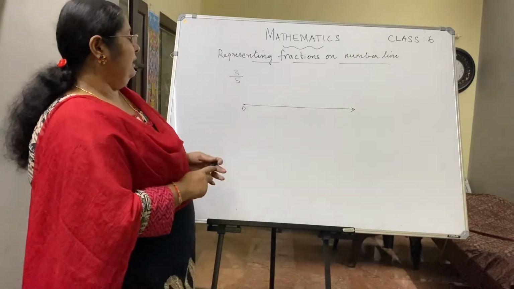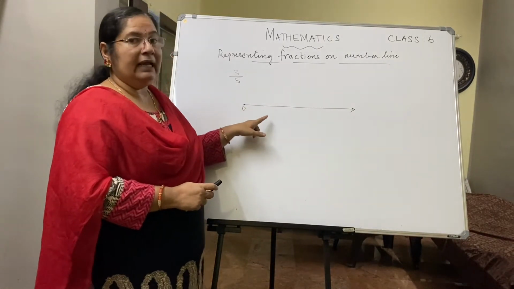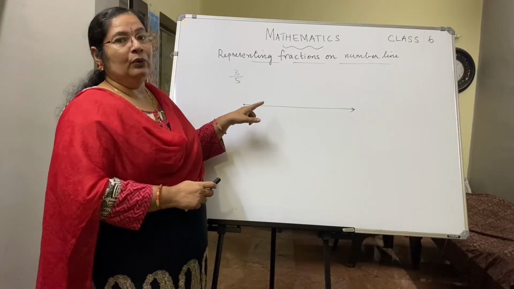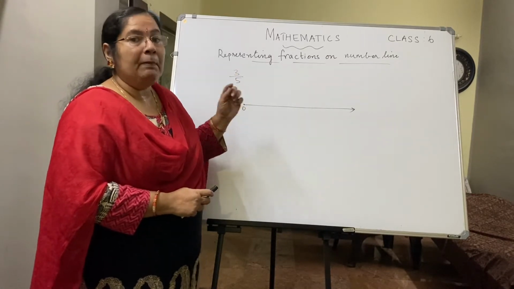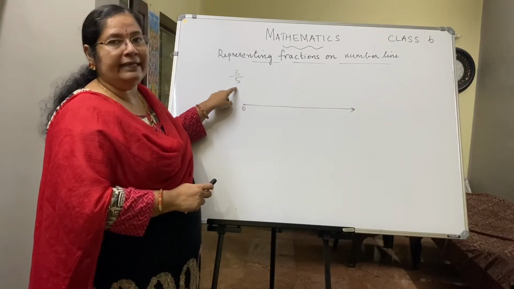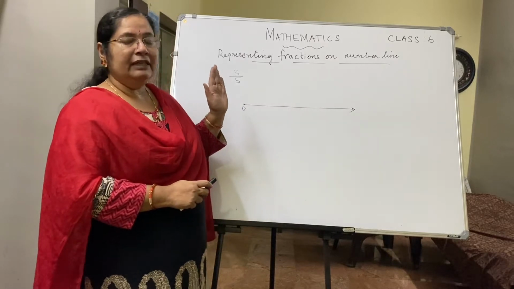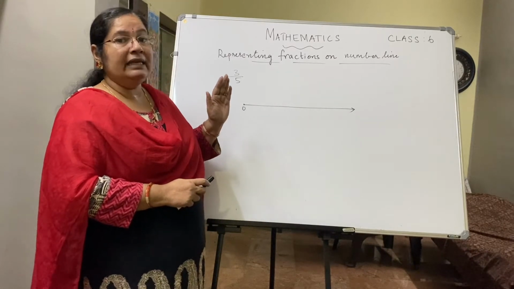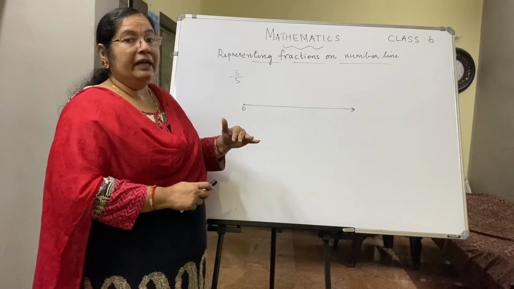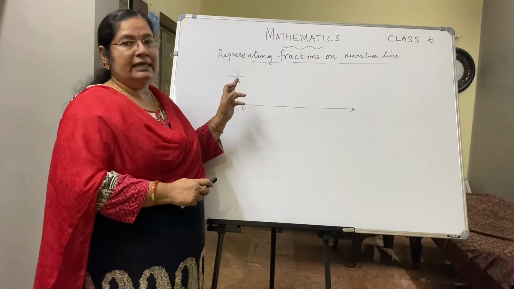Now, on this number line, you will divide this number line into that many equal parts as represented by the denominator. What is the denominator here? 5.